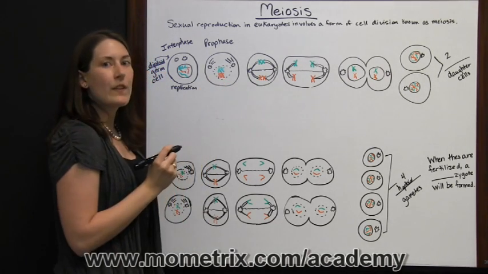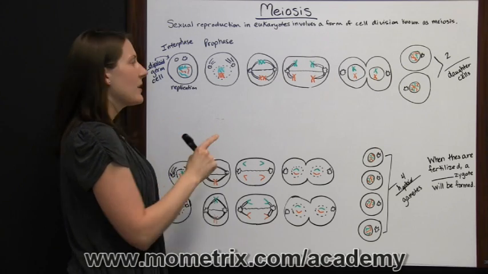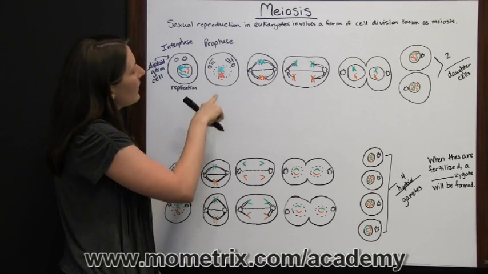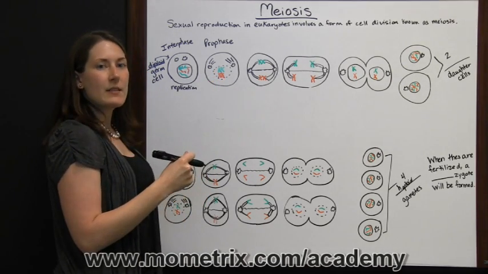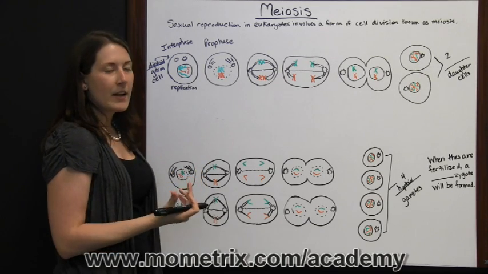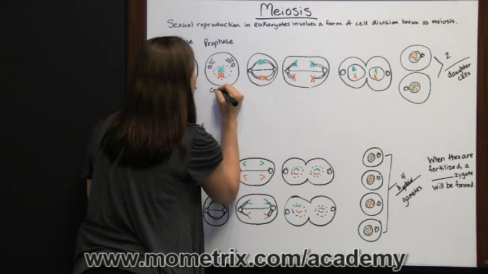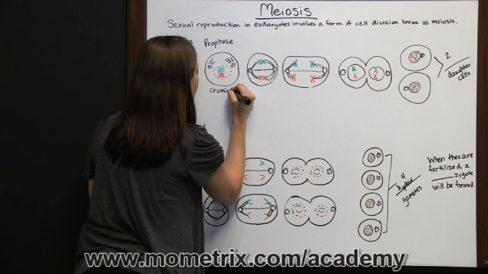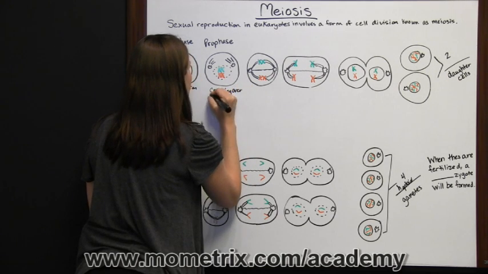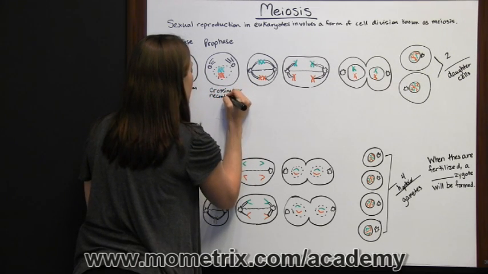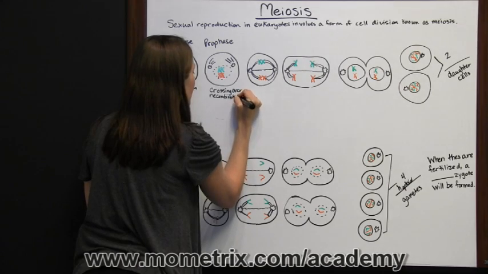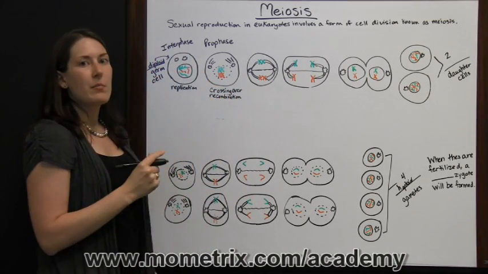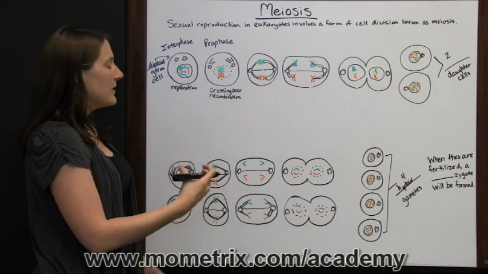And where those cross over, they kind of swap a little bit of genetic material. So each one of these pairs is going to take a little bit of the other pair. And that is called crossing over or recombination.